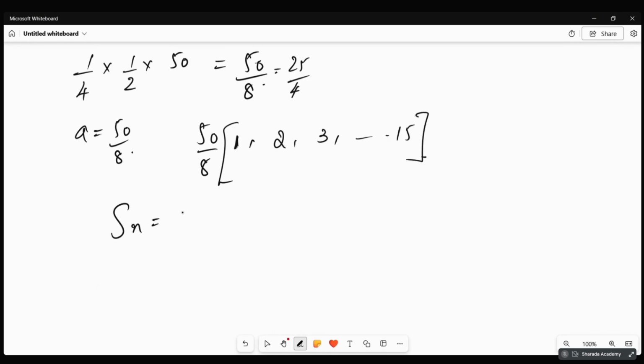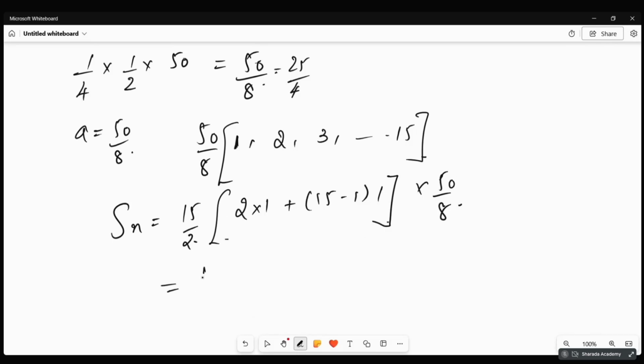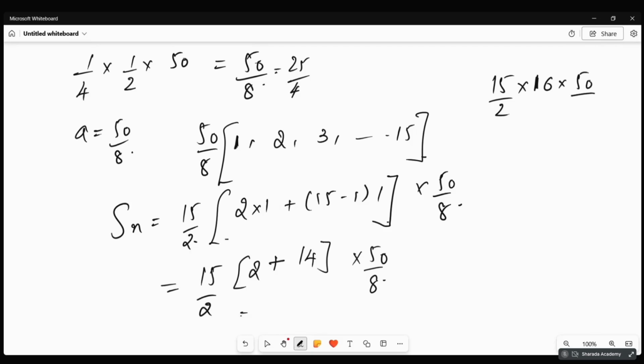So Sn is equal to 15 by 2 into 2 into 1 plus 15 minus 1 into d. If I take it as 1 into 50 by 8, will it come? Then there only you keep. So how much you will get here? 16 into 50 by 8.